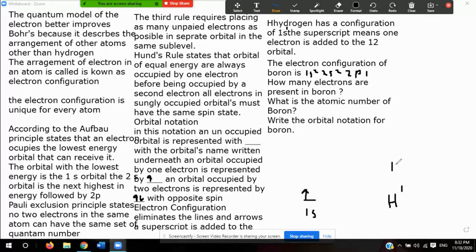In the case of helium, we have a 1s orbital, but instead of having 1 electron represented by an arrow looking upward, we have 2 electrons with opposite spin, which means that one of the arrows that represents the electron is going to be facing upward and the other one is going to be facing downward.